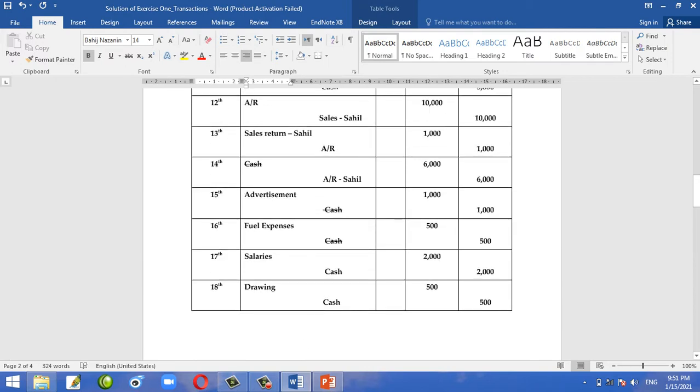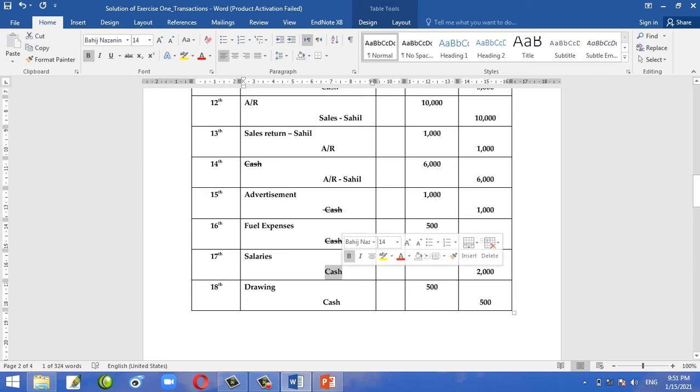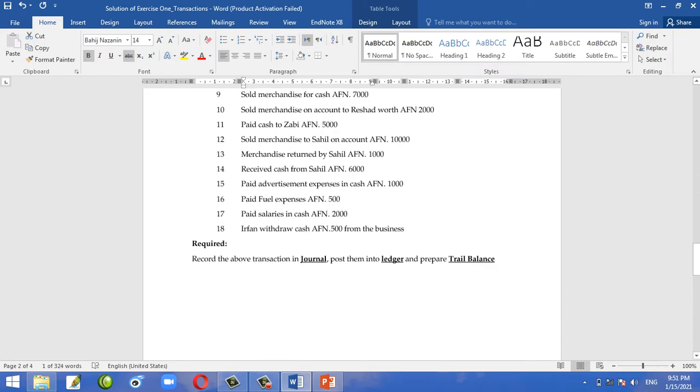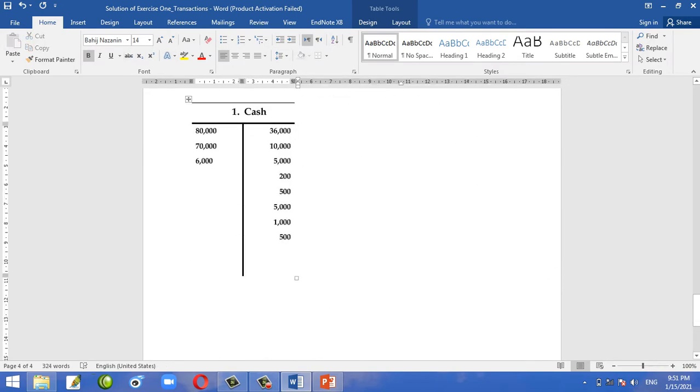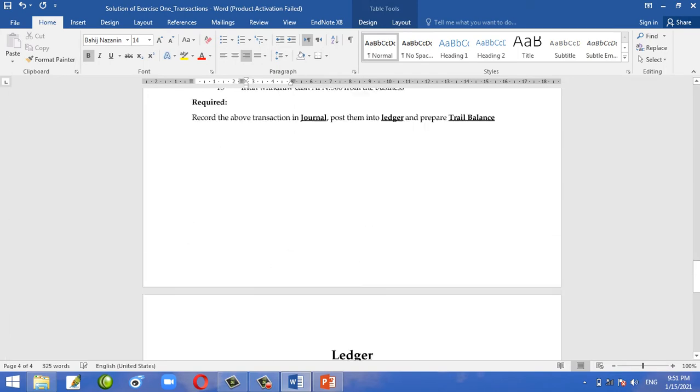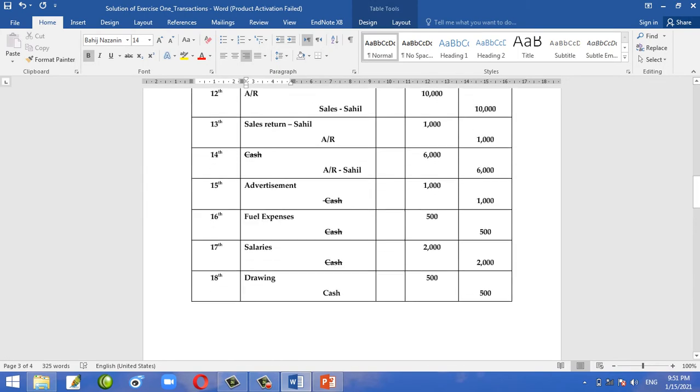Do we have cash on 17th of January? Yes, we have cash worth of 2,000 Afghanis. We have to record 2,000 Afghanis as credit in cash ledger.